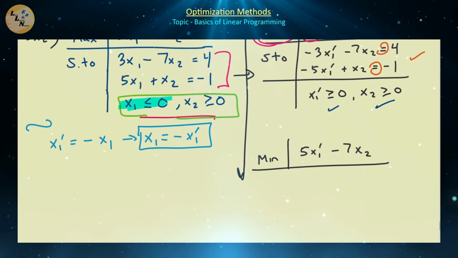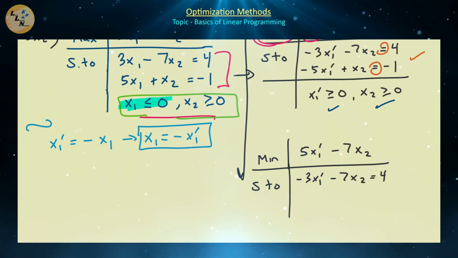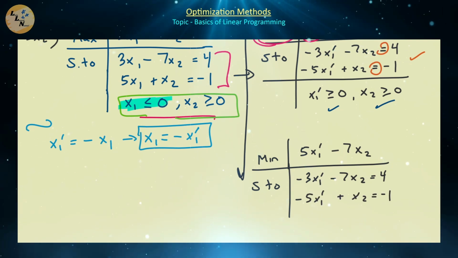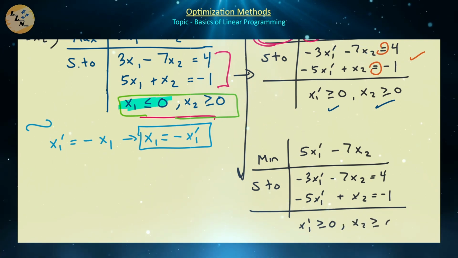So what is the rest of this going to be equal to? So that's going to be subject to minus 3x1 prime minus 7x2 is equal to 4, minus 5x1 prime plus x2 is equal to minus 1, with the constraints x1 prime is greater than or equal to 0, and x2 is greater than or equal to 0.